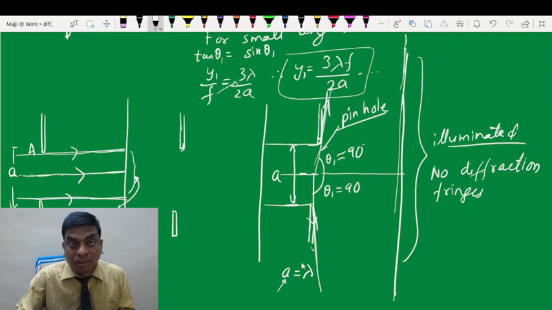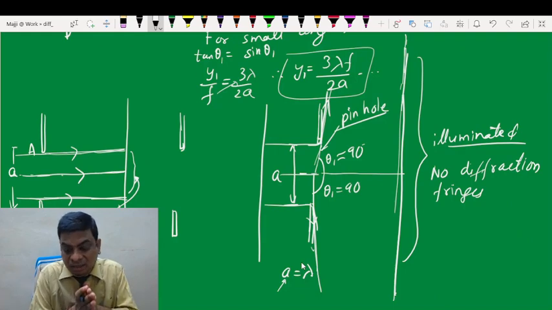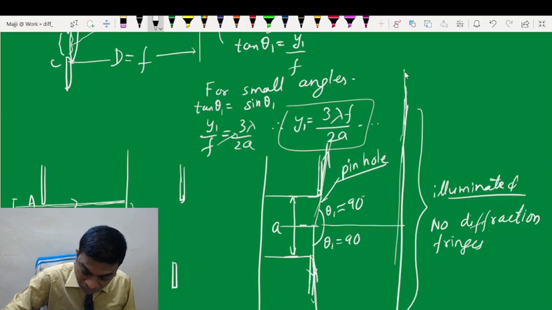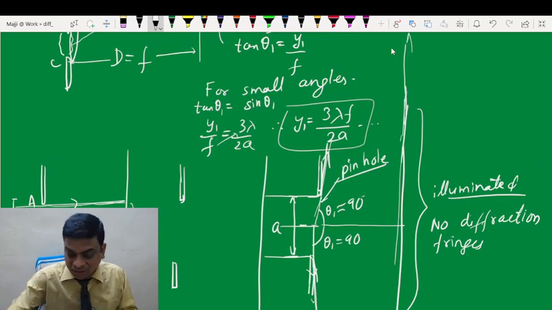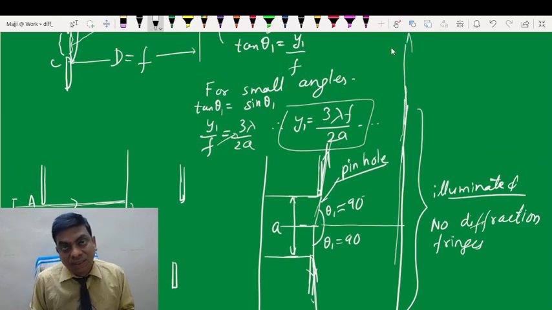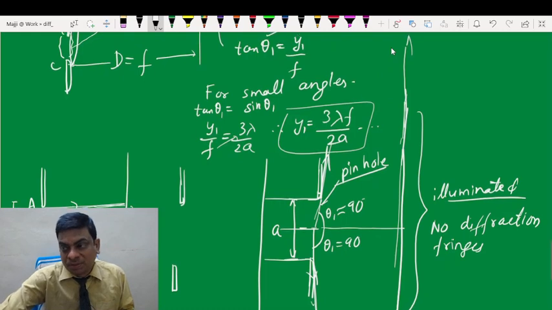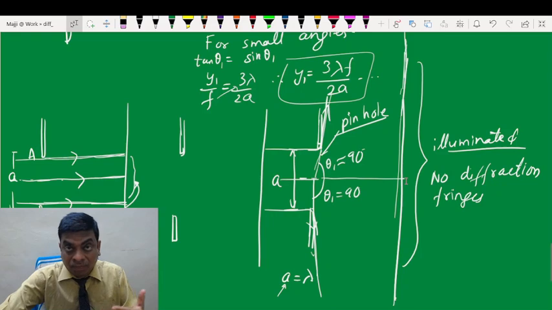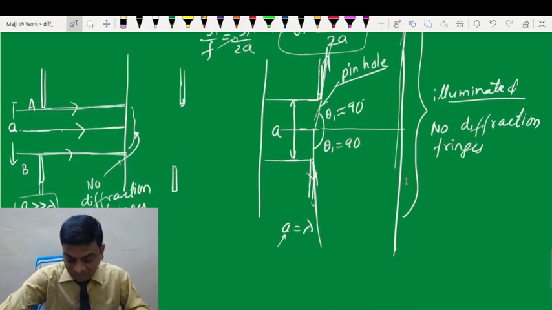Then diffraction will be to such an extent that the entire screen will be full of light, even though you cannot observe alternate dark and bright fringes, because the position corresponding to the first minima is at infinity. Just now we saw, the position corresponding to the first minima is infinity, so there is no question of any alternate dark and bright fringes.